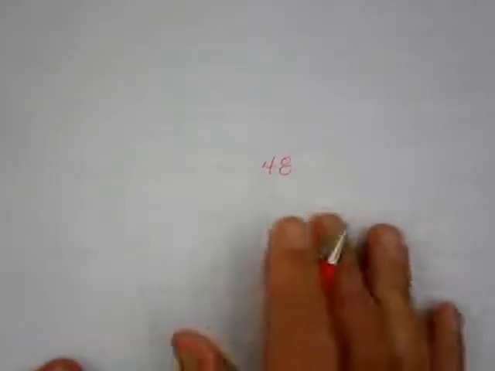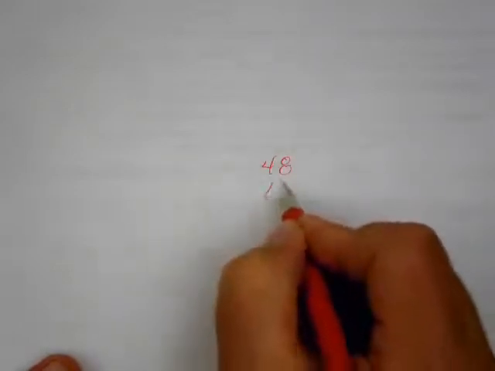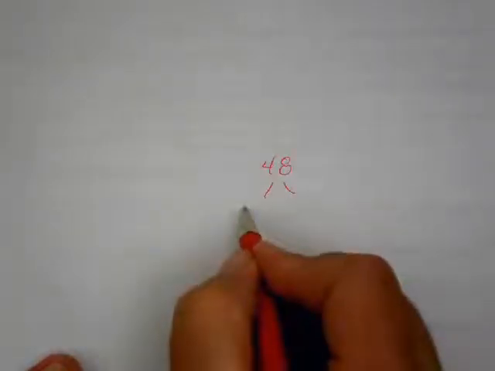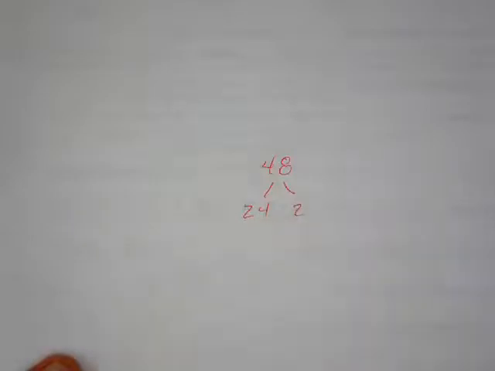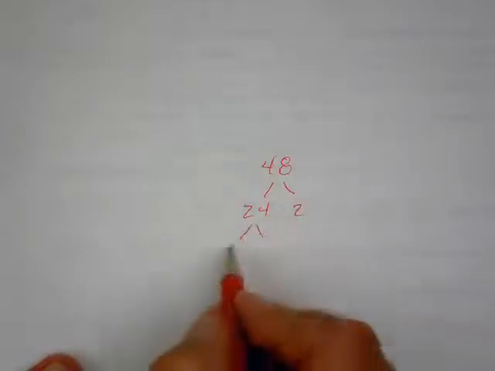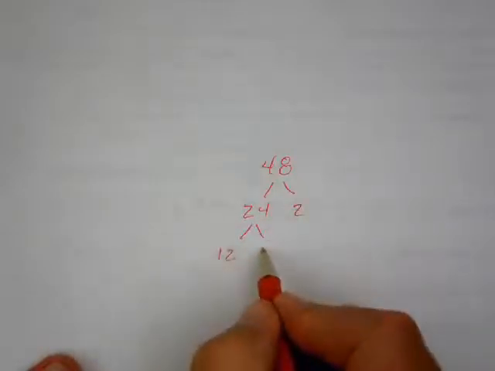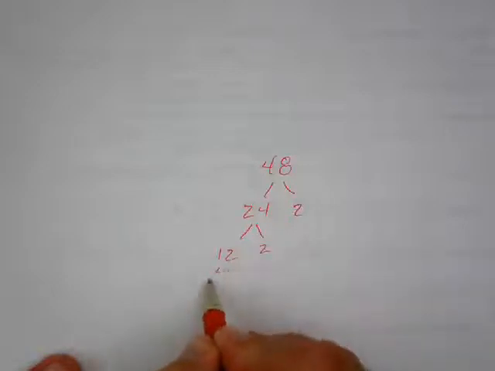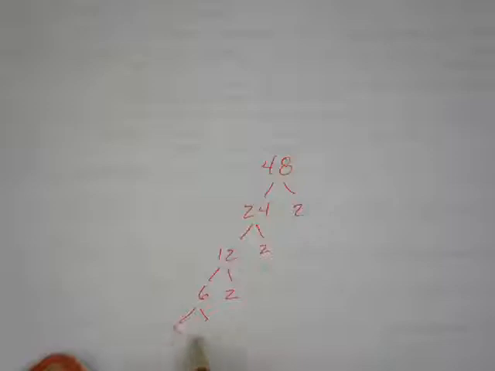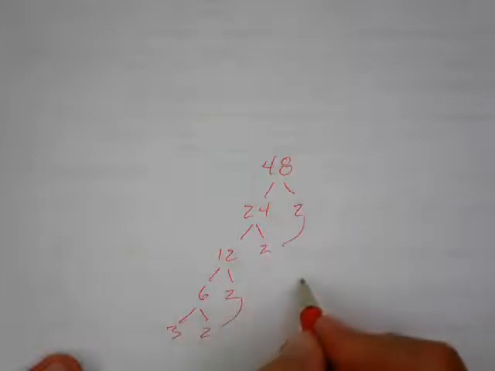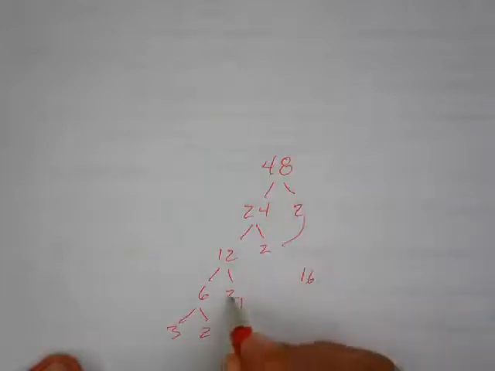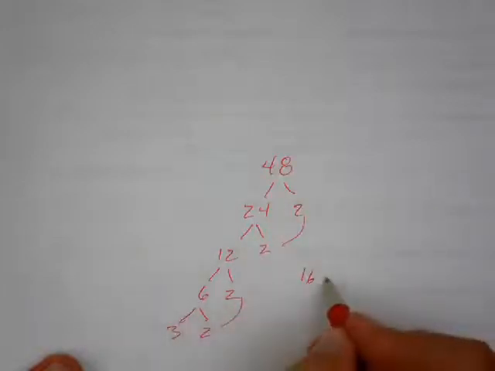You simply cut it in half, 24 and 2. Cut in half again, that's 12 and 2, that's 6 and 2, and that's 3 and 2. So right here and right there, that's 2, 4, 6, so that gives me the 16: 2 times 2 times 2 times 2. And then we also have the 3. So there's my 2 factors, 16 and 3.